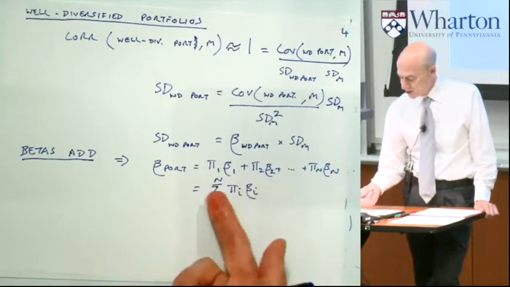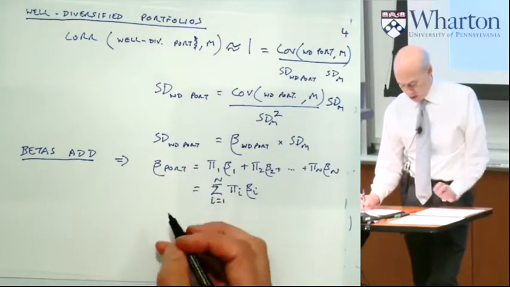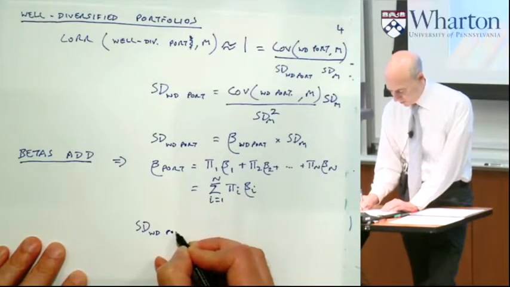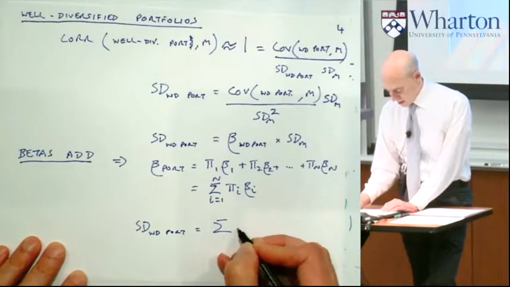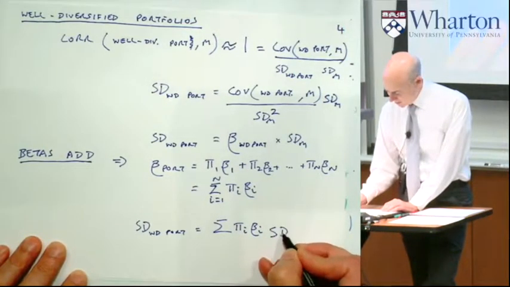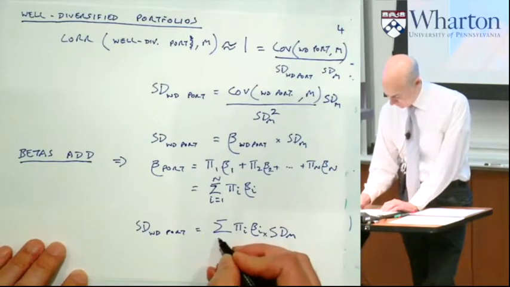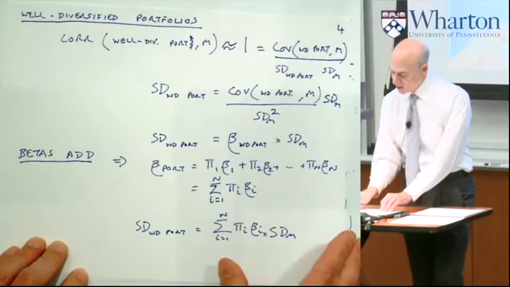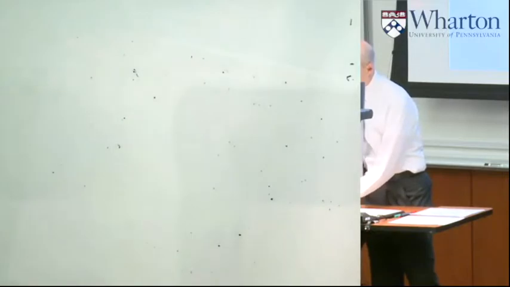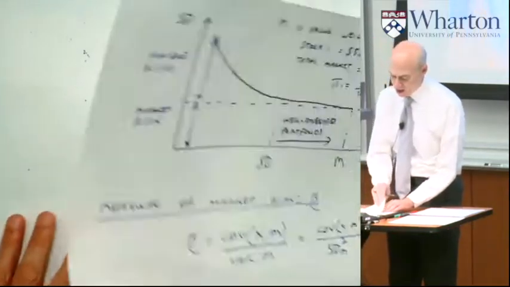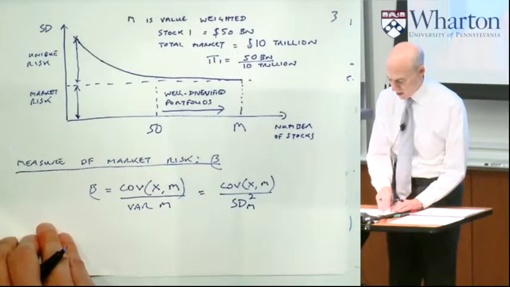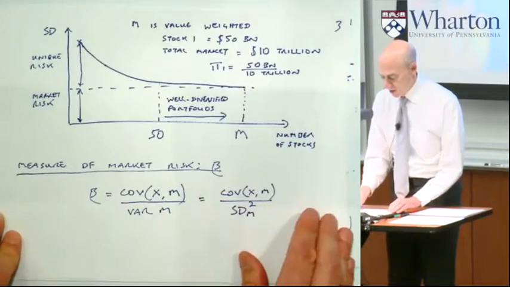So now we can substitute in the beta of a portfolio, and what we get is that the standard deviation of a well-diversified portfolio is sigma pi i beta i times the standard deviation of the market. So we think back to our diagram here. What we've got now is that what each stock is contributing to the risk of a well-diversified portfolio depends on its beta.